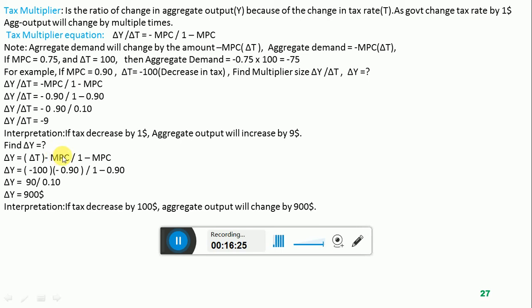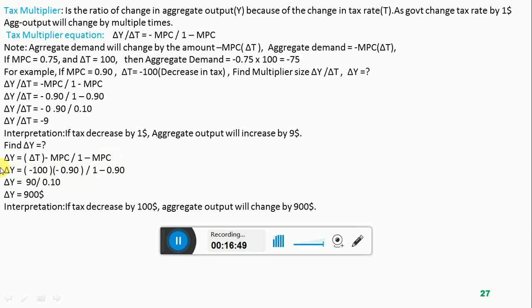So minus MPC whole divided by 1 minus MPC is in multiplication form with delta t, the change in tax. Now look at the next step.